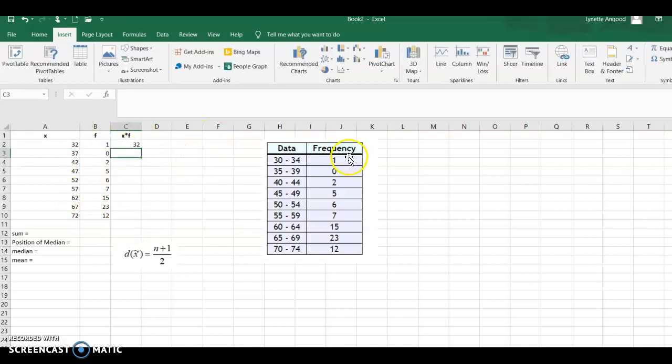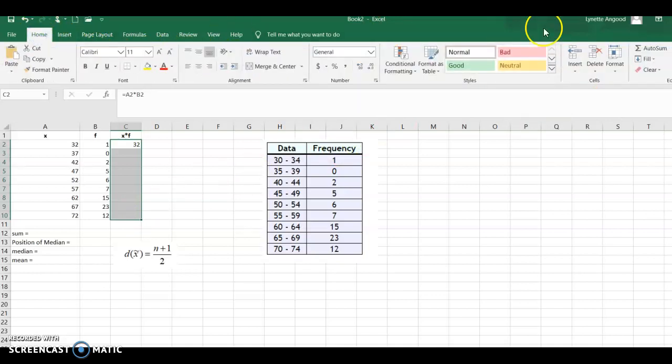I want to do that for all of the values of x and their frequencies. So I click on the cell that contains the formula I just typed, drag down to the last cell to which I want it to copy, and let go. Then I select Fill Down in the upper right-hand corner of the home screen, and it copies that formula all the way down.